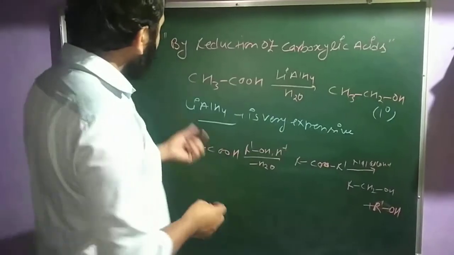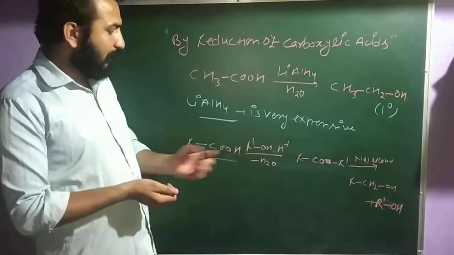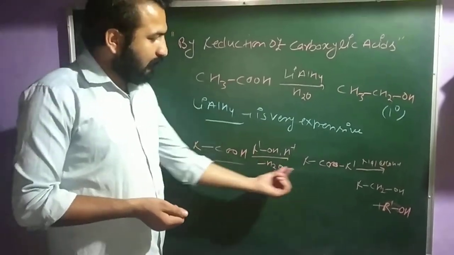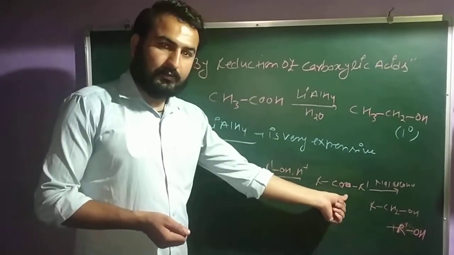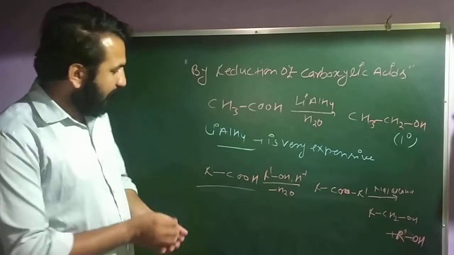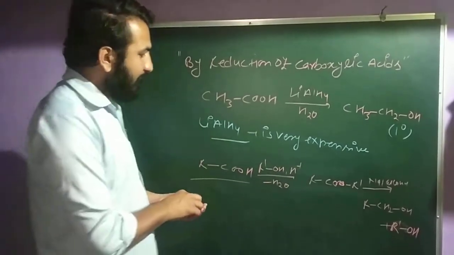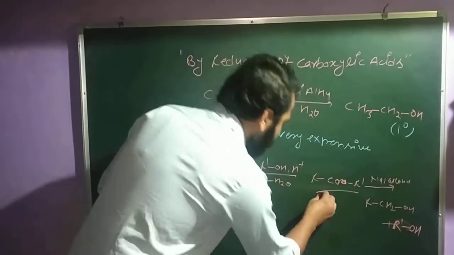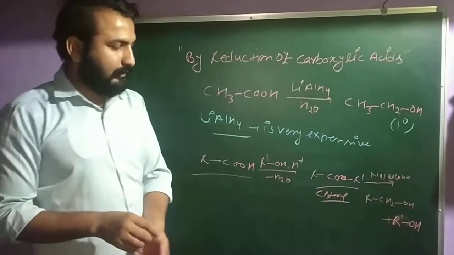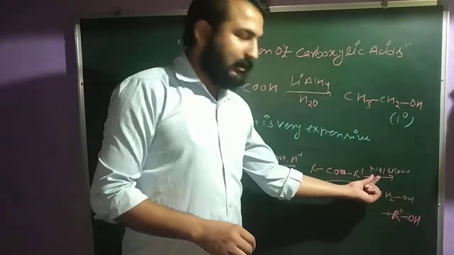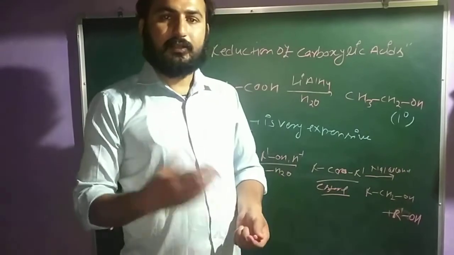Clear? We convert it to ester, RCOOR, by taking R-OH and H positive, and then after the ester, in the presence of sodium and alcohol, it will give the corresponding alcohol.